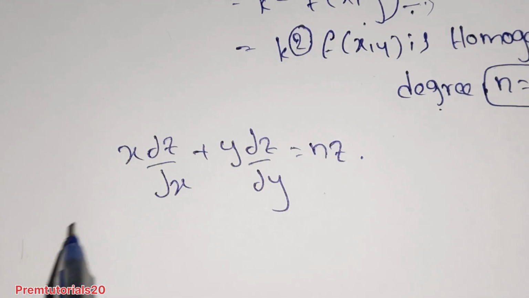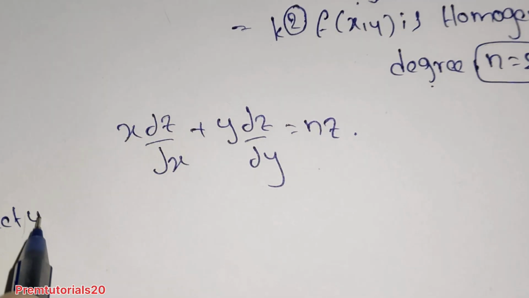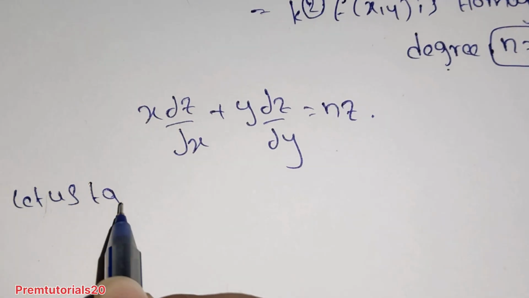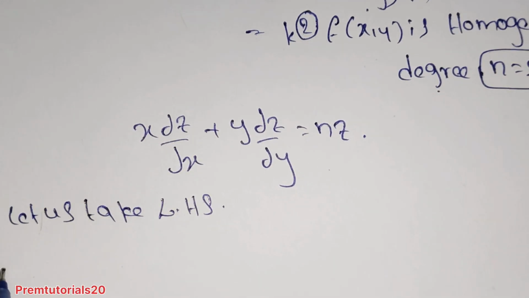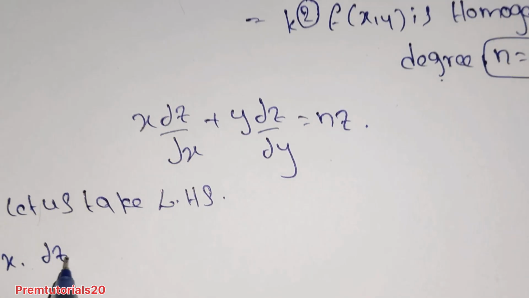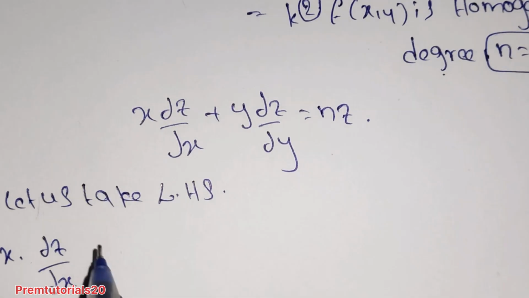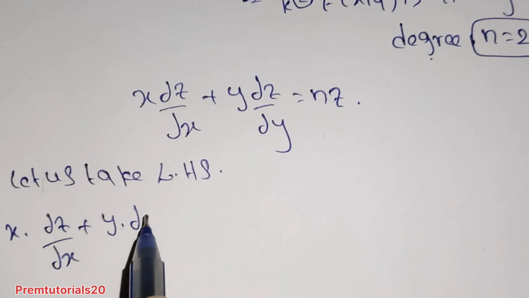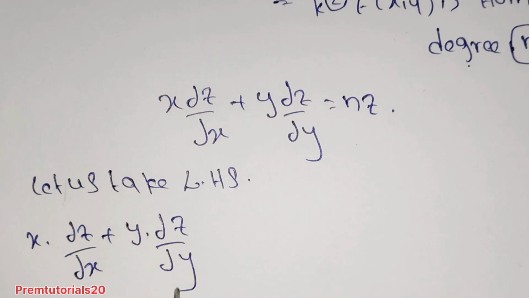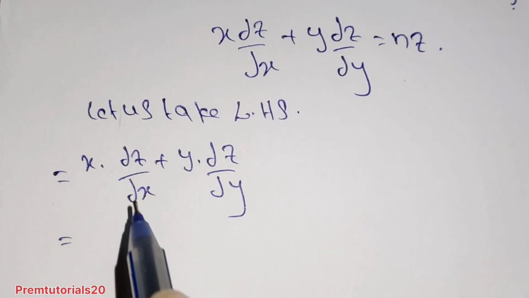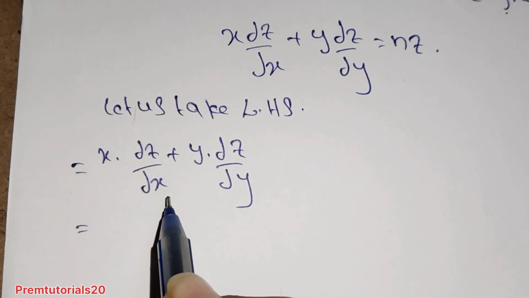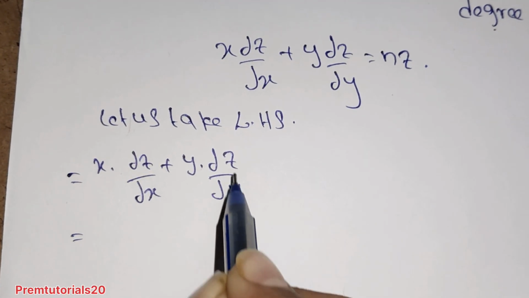Now let us take the LHS. What is the LHS? x ∂z/∂x + y ∂z/∂y. This is the LHS.